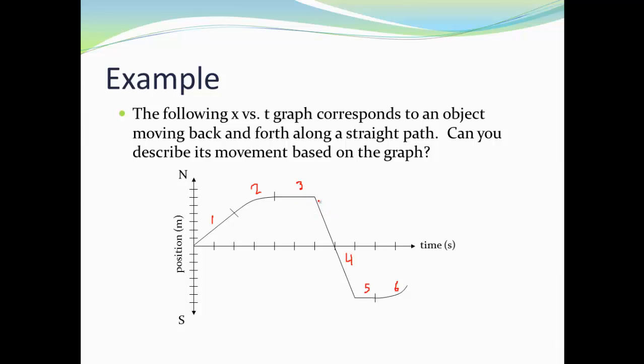In section 4, you're moving in the negative direction at a constant velocity. You go past the origin, this point here, and keep going. So it's just like walking back past where you started in the opposite direction at a constant velocity. In 5, you're stopped, constant velocity of 0. And then 6, you're speeding up, but in the positive direction, headed back towards the origin.